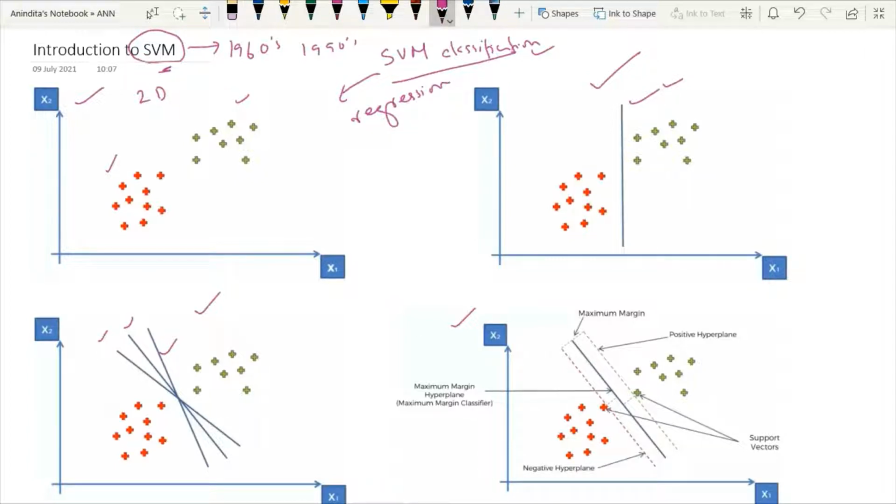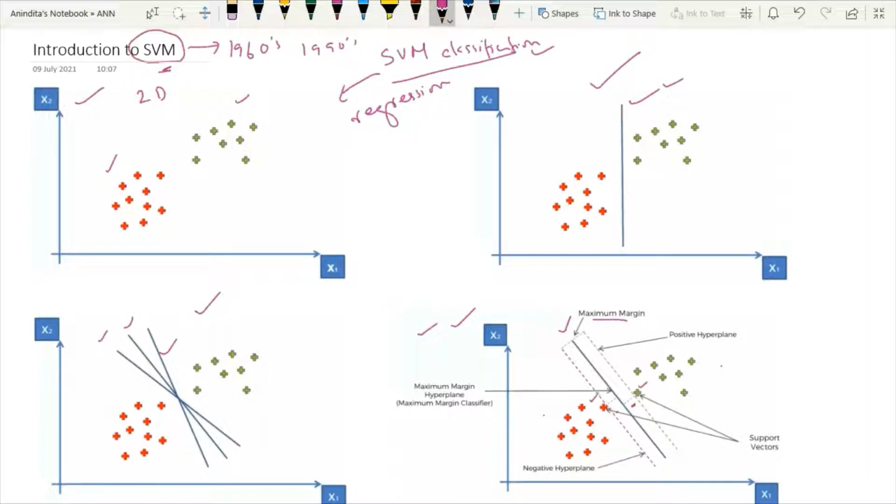If you look at this picture, you will find that we have one line which separates these two classes. At the same time, I am getting a maximum margin, that is the line drawn equidistant from some points. Look here.